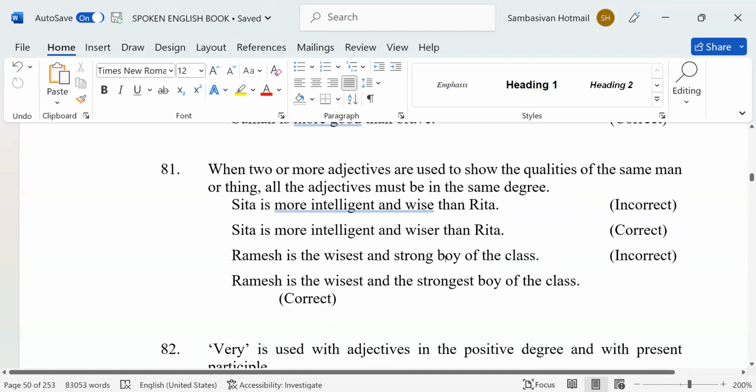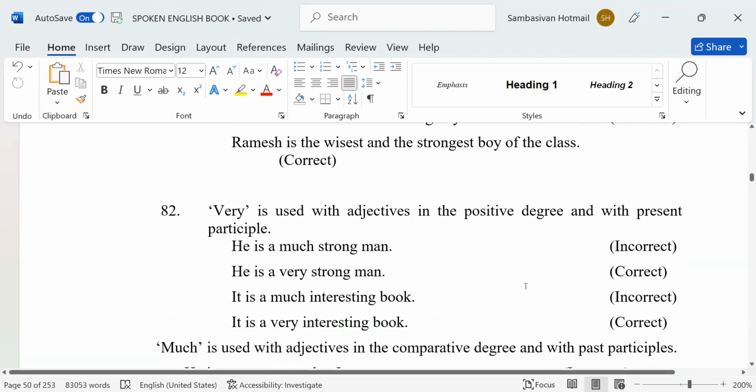When two or more adjectives are used to show the qualities of the same man or thing, all the adjectives must be in the same degree. Sita is more intelligent and wise than Rita. Incorrect. Sita is more intelligent and wiser than Rita. Correct. Ramesh is the wisest and strong boy of the class. Incorrect. Ramesh is the wisest and the strongest boy of the class. Correct.